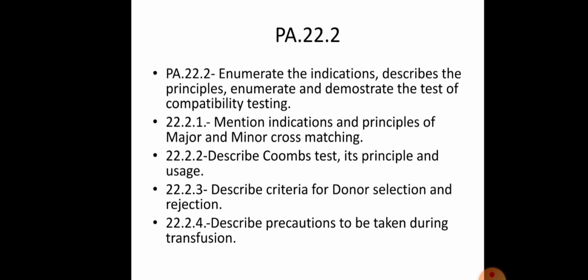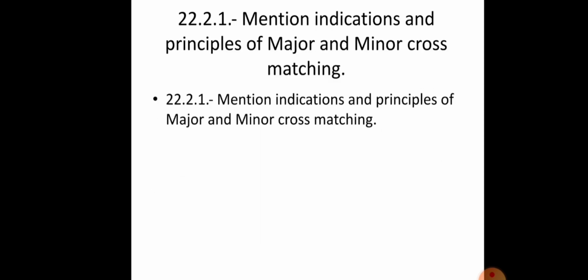Then in point 2 we will discuss the Coombs test, its principle and its usage. Third, describe the criteria of blood donor, that is donor selection and rejection, because it is very important. Okay, the rejection criteria and the selection criteria. And the last one is about the precautions to be taken during the transfusion.